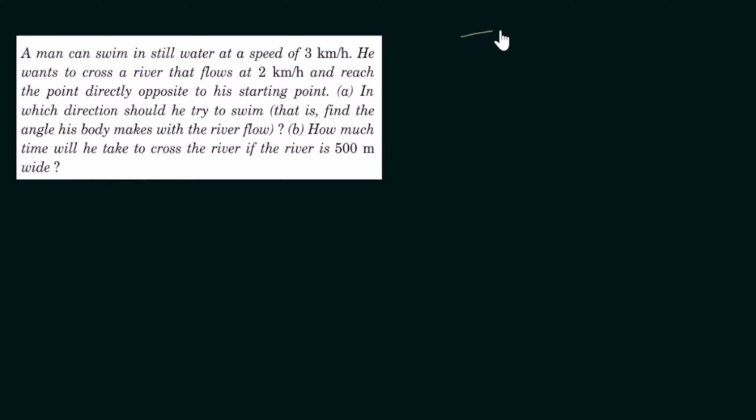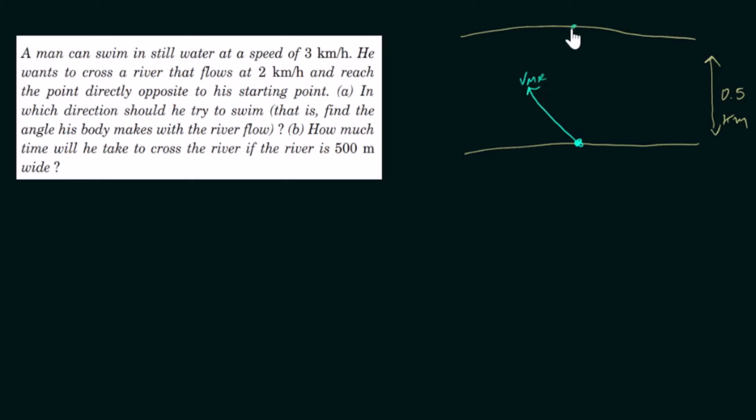Consider this is the river, 0.5 kilometer wide. The person starts from this point, so he has to move in this particular direction, which is VMR, to reach this point, because the river is flowing in this direction, which is 2 i cap.